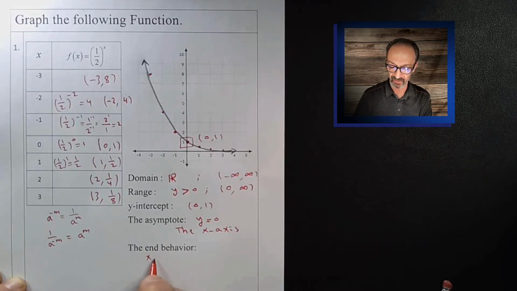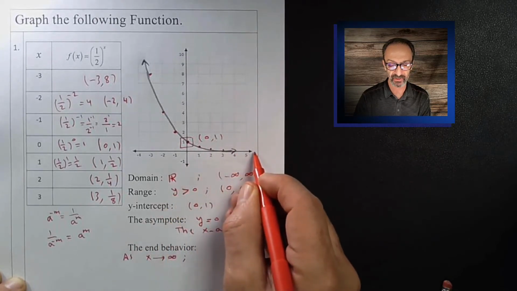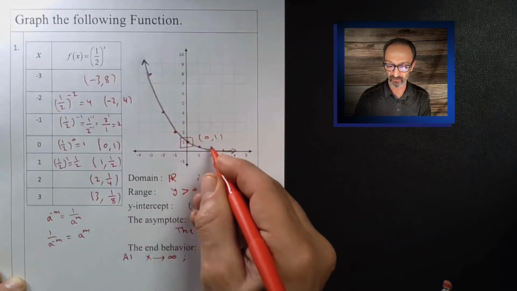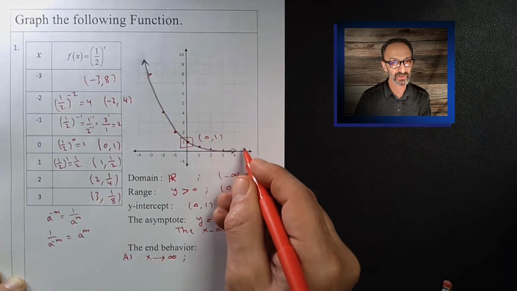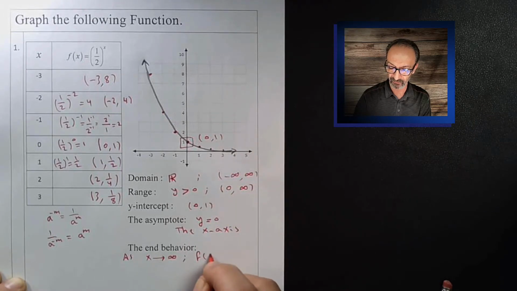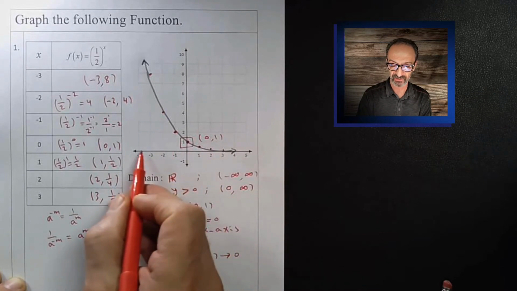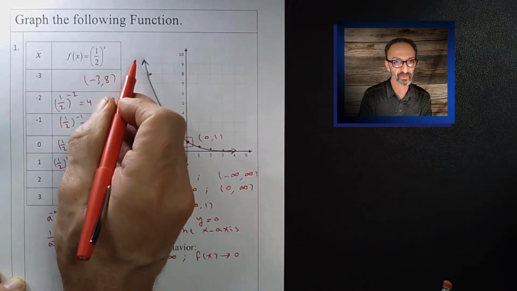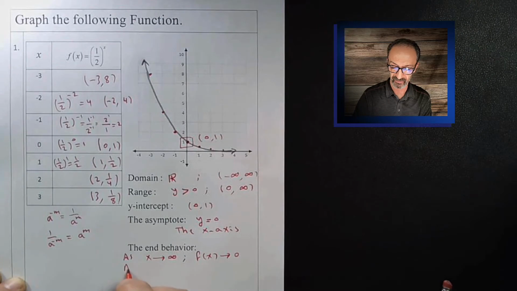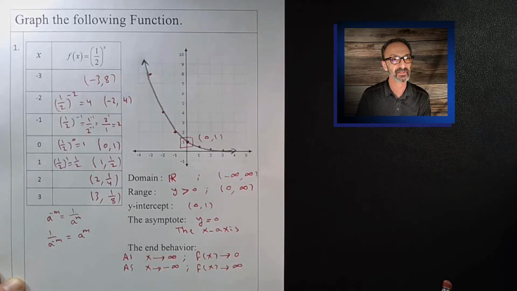As x approaches infinity, as x goes all the way to the right, my values of f of x approach 0. As x approaches negative infinity, all the way to the left, my values will go all the way up to positive infinity.